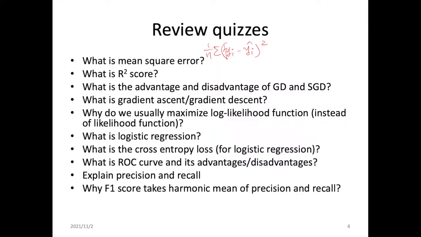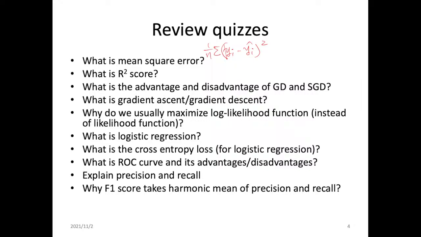Next, why does the F1 score take the harmonic mean of precision and recall instead of the arithmetic mean? I think we gave a numerical explanation last week, because in the harmonic mean, essentially in the numerator you multiply precision and recall.